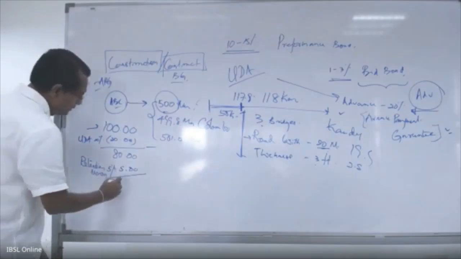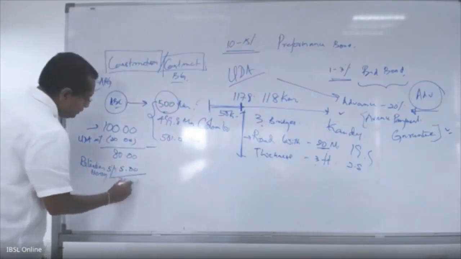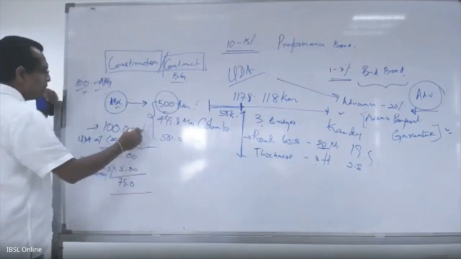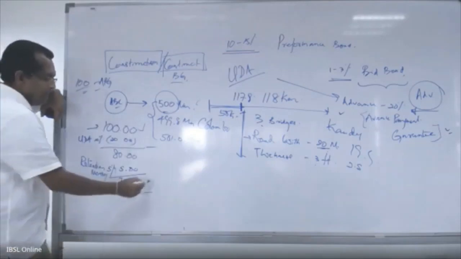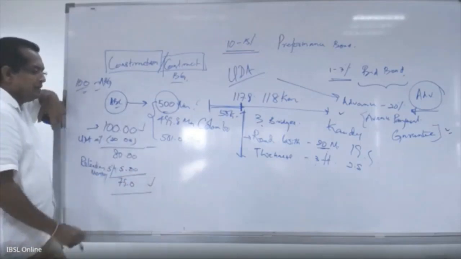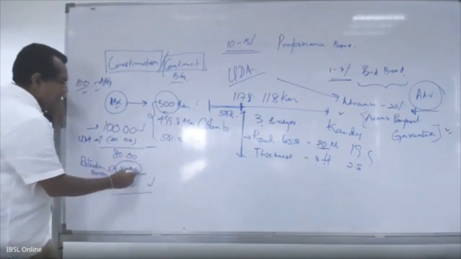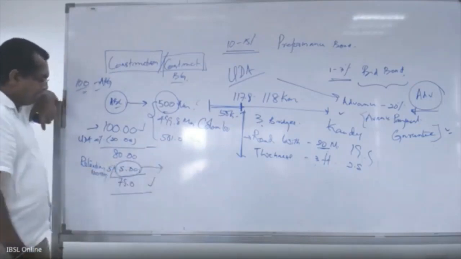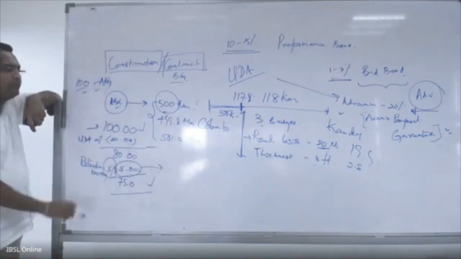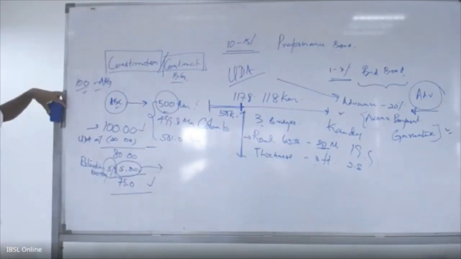So it is 75. When we claim for 100 million, they will get 75 million because there is retention money they keep. Normally it is 5%. What is this retention money?